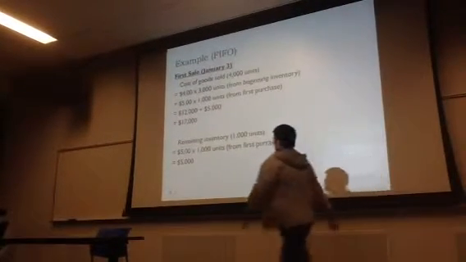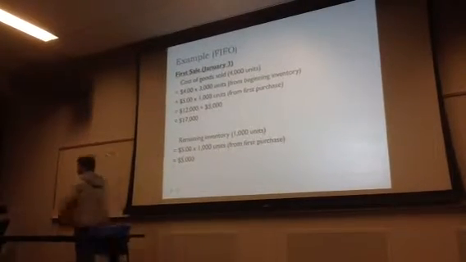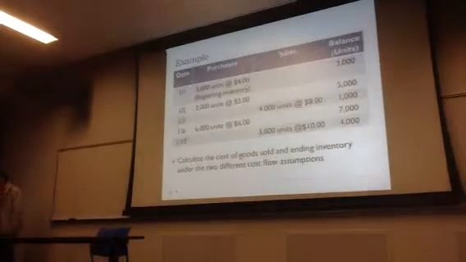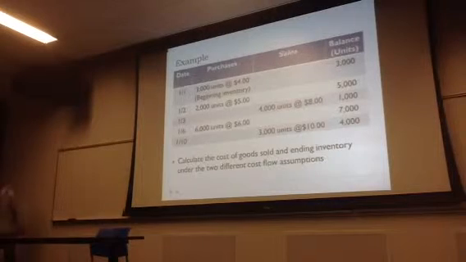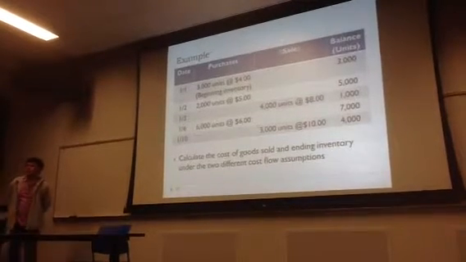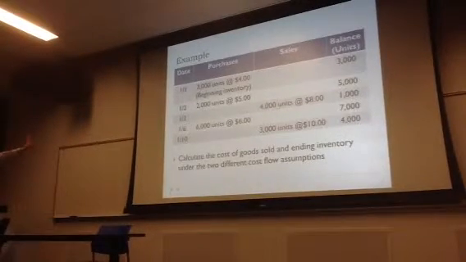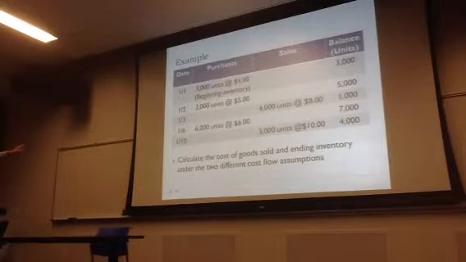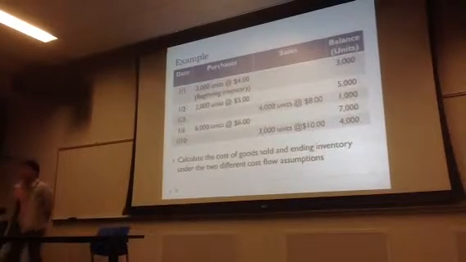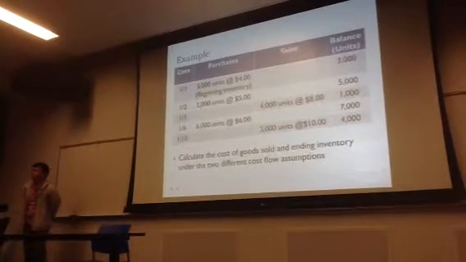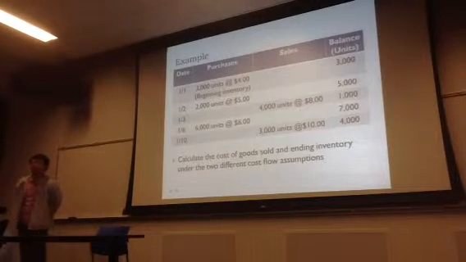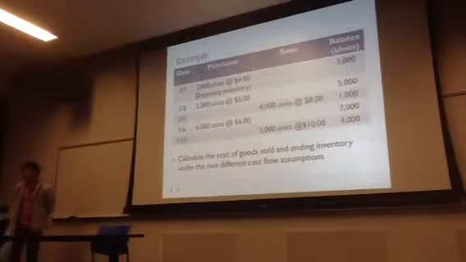If you go back, you can see that on January the 3rd, we are selling 4,000 units. So now our question is, does the 4,000 units come from the 3,000 units that we purchased on the 1st, or the 2,000 units that we purchased on the 2nd? Because they have different costs: $4 each and $5 each. So that is our main problem.